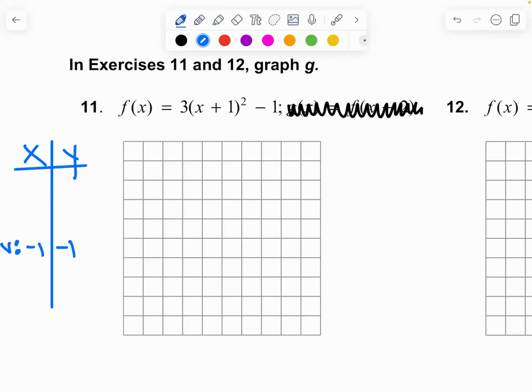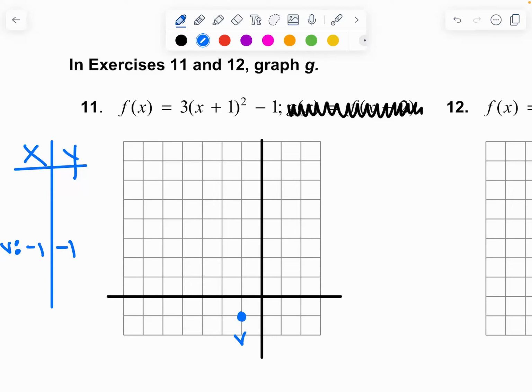So our vertex is at -1, -1. We know that. There's our vertex. Okay. So we just plug in for X and then look at that.